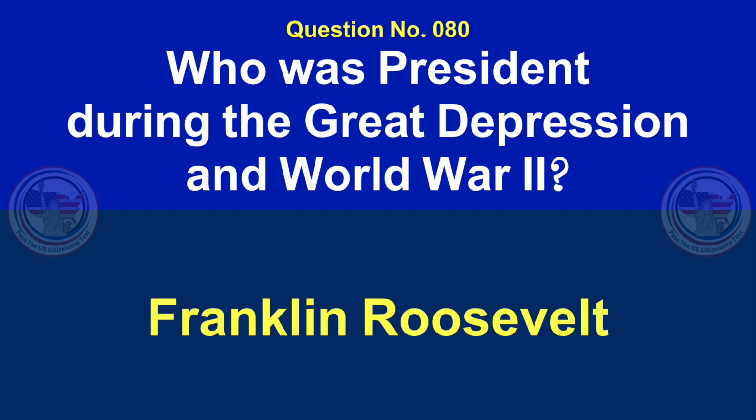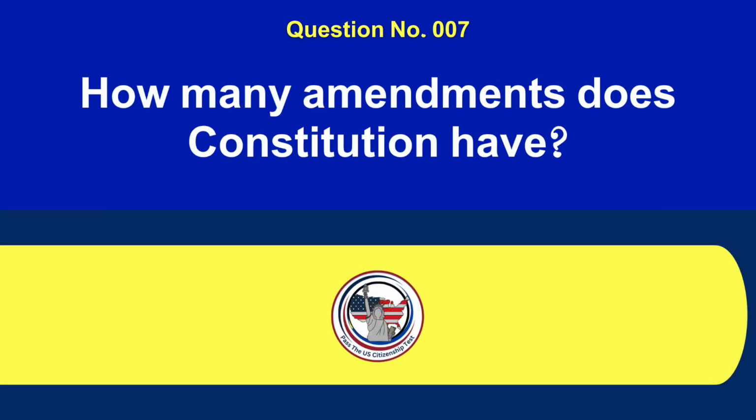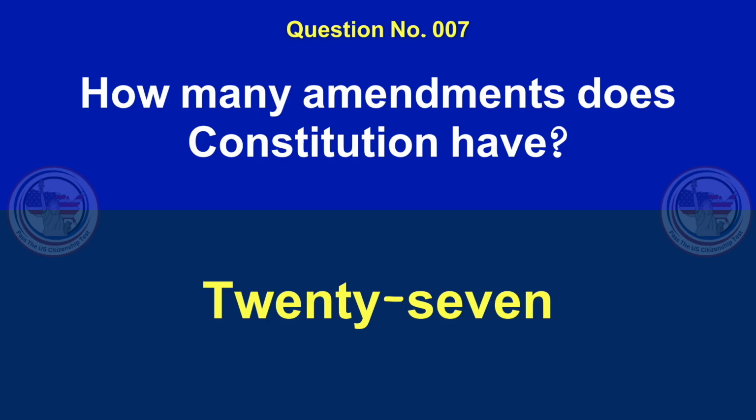Franklin Roosevelt. How many amendments does the Constitution have? 27.